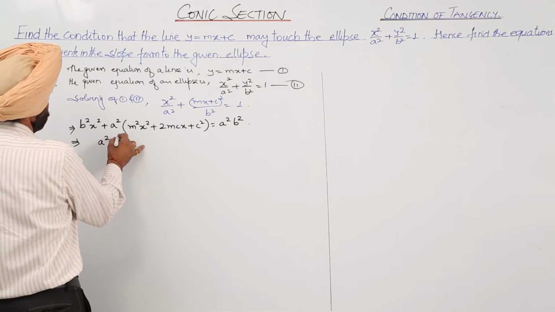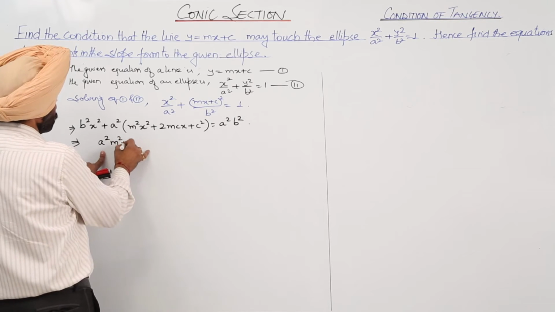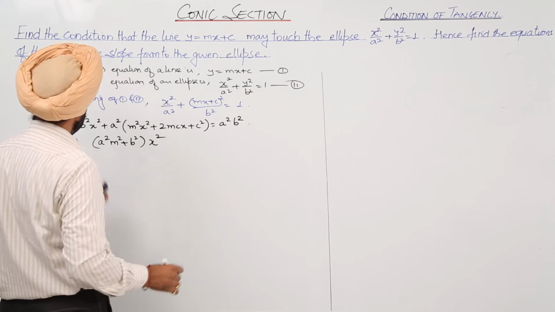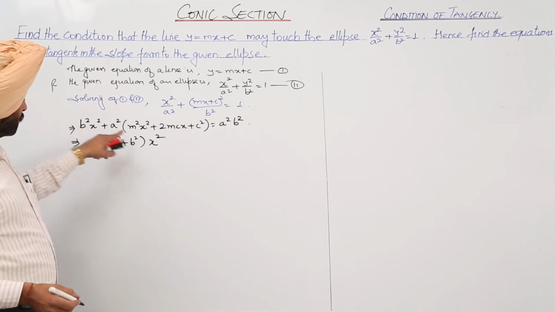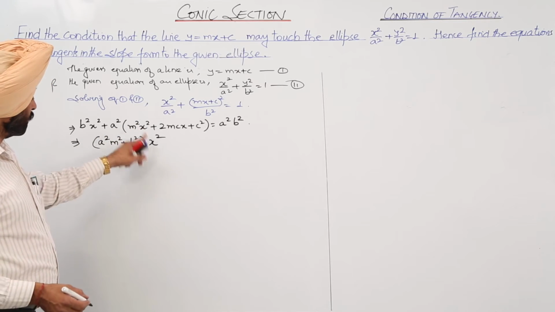Further we can write it as a square m square plus b square, all times x square, because b square with x square and a square m square with x square, so x square is taken common.